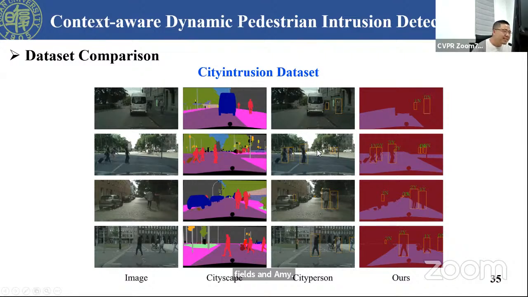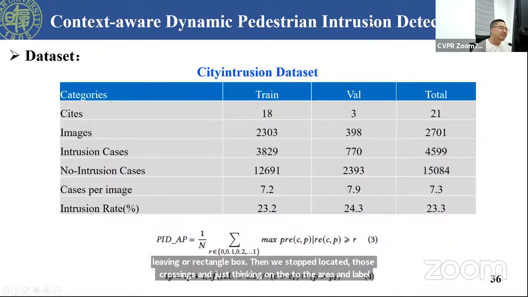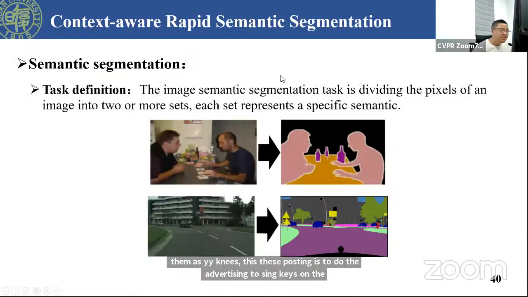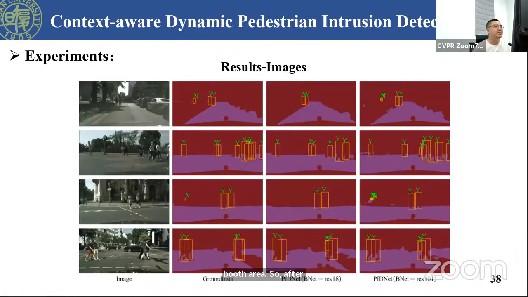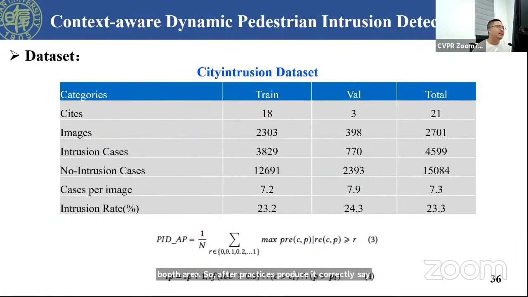Then we locate those persons standing on the road area and label them as Y. Y means this person is treated as an intrusive case on the road area. So after dataset creation, we create such a dataset which has in total more than 15,000 non-intrusive and more than 4,000 intrusive cases.